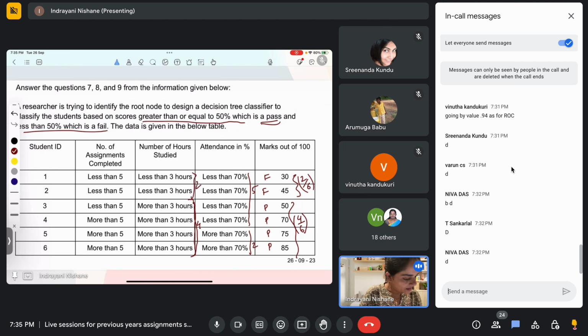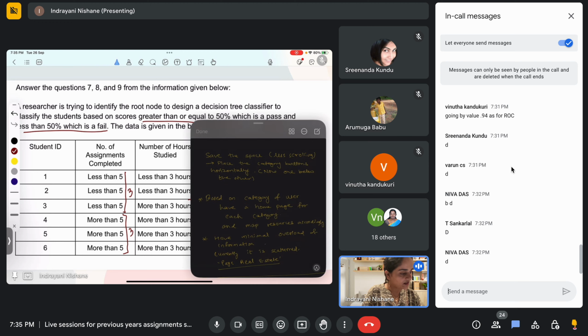And less than 5 assignments completed, 3 people have completed less than 5, and 3 people have completed more than 5 assignments. So we'll just quickly do these counting calculations. Thank you for pointing it out, otherwise it would have impacted our further calculations. Now let us go to the question and see what is asked.